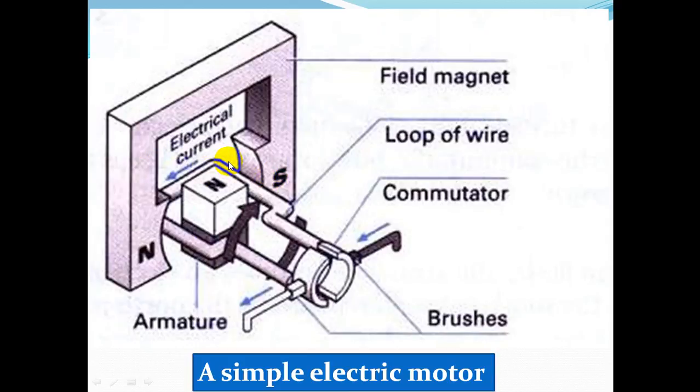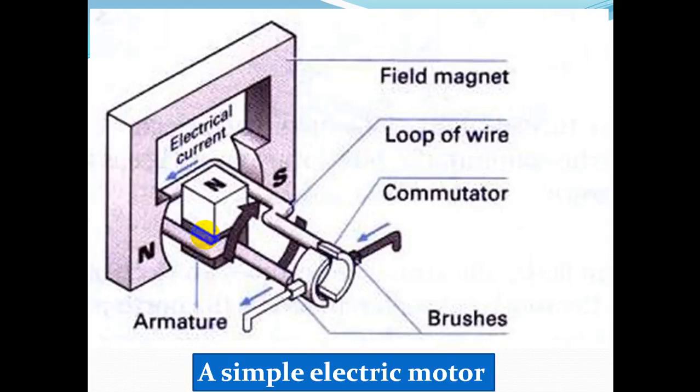When electricity flows around the armature wire, the iron here will become an electromagnet. And next, my friend will tell you more about the operation of it.